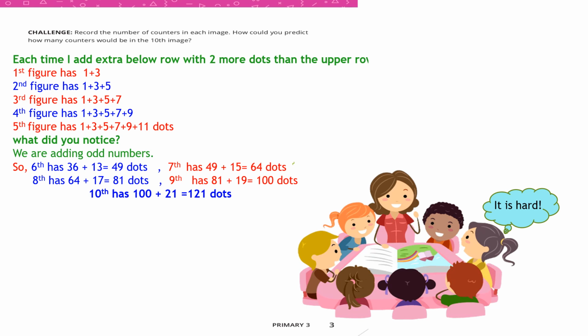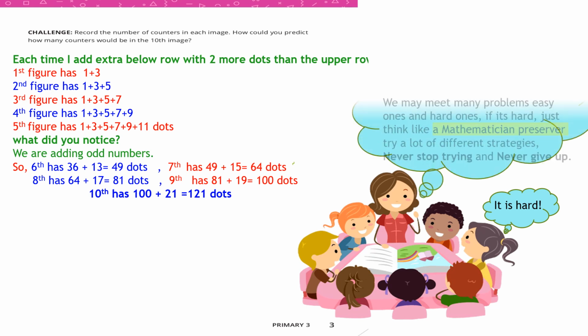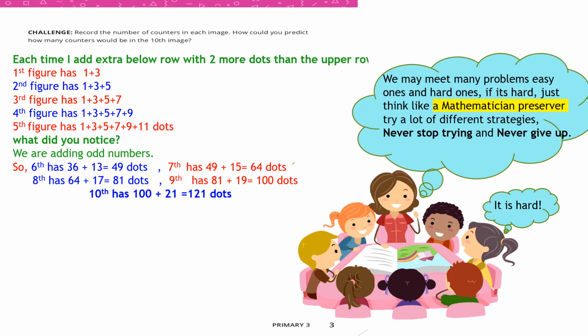Here our teacher is explaining this problem to her students, and one of her students told her that it feels like this problem is very hard. The teacher said, you may meet many problems, easy ones and hard ones. If it's hard, just think like a mathematician persevere.